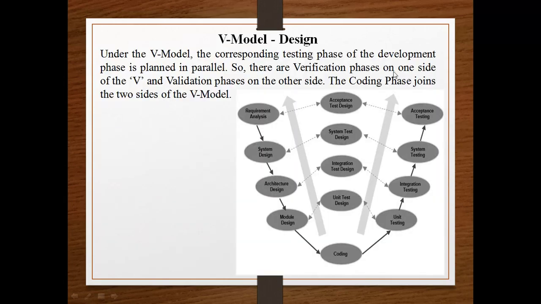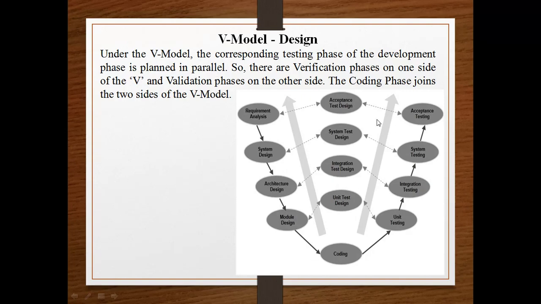Now if you see this diagram, as I just told you, it is in the V shape, and this is connected with the phase called coding. So under the V model, a testing phase for each development phase is planned parallelly.